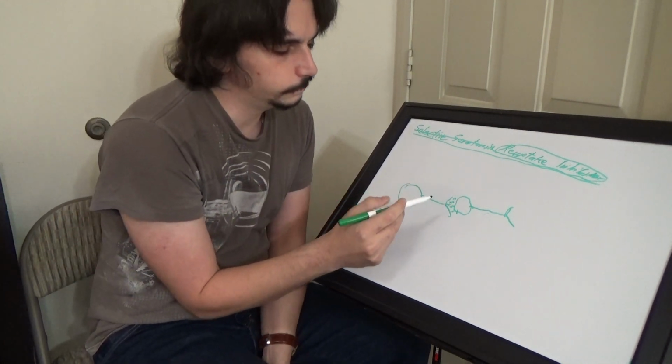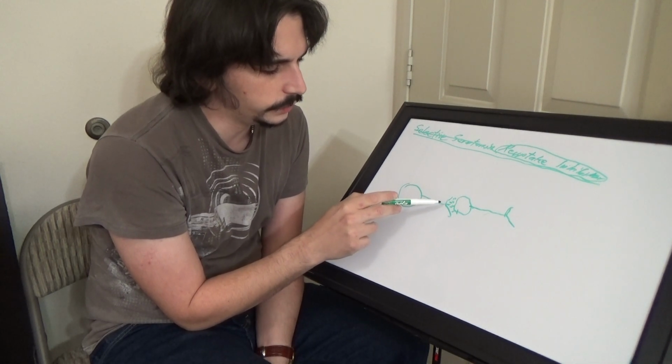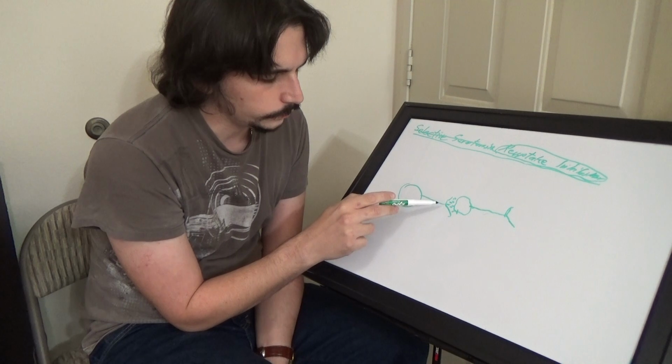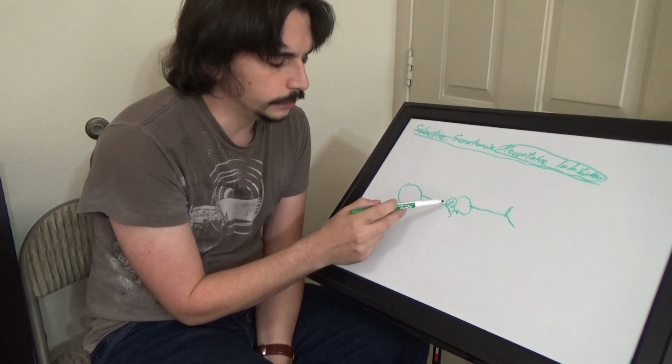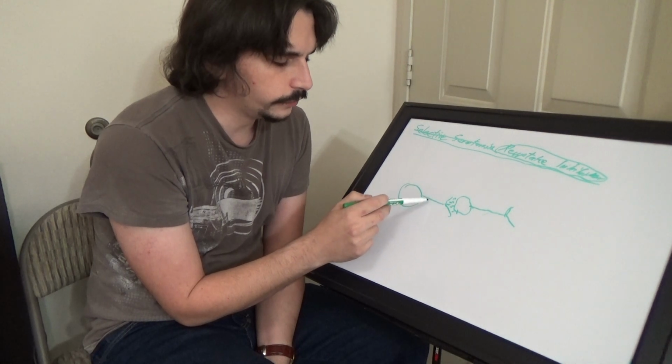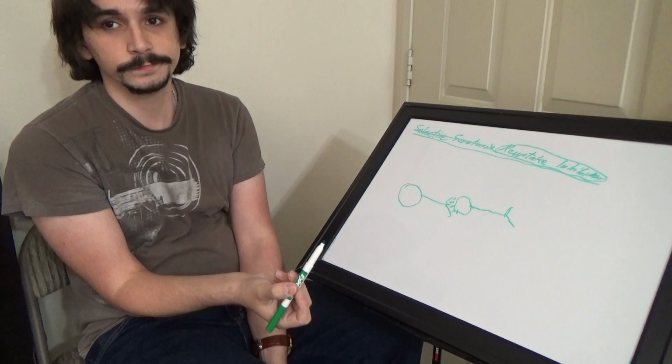Now this part between the axon and the soma is called the synapse. And if a neurotransmitter is outside the axon and outside the soma and in the synapse, it's active.